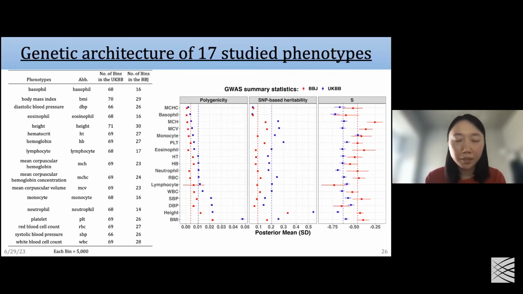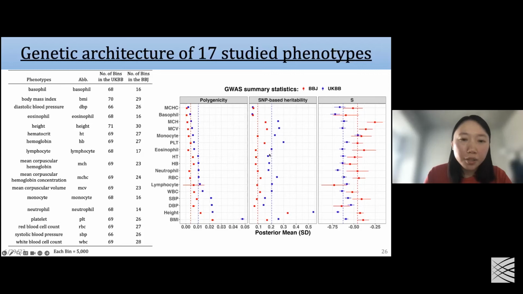One is the polygenicity we just mentioned, and the second is the SNP-based heritability, which in the theoretical accuracy we showed is the upper bound of the PRS accuracy. The third parameter is S. S is a measurement of the relationship between allele frequency and effect sizes. So if S is negative, it can indicate the trait is under negative selection.